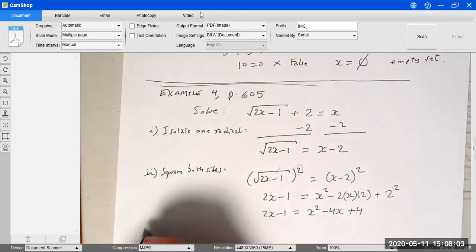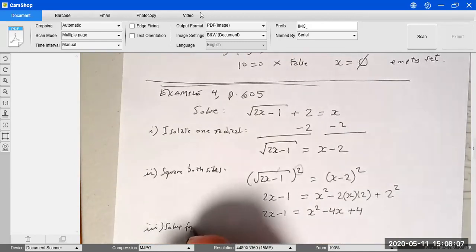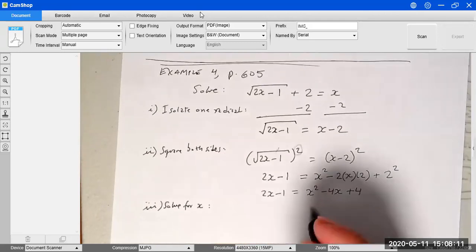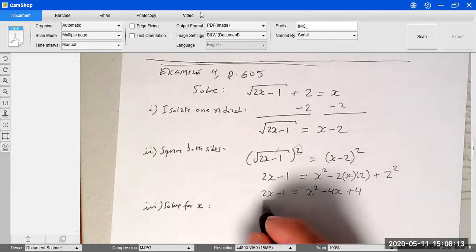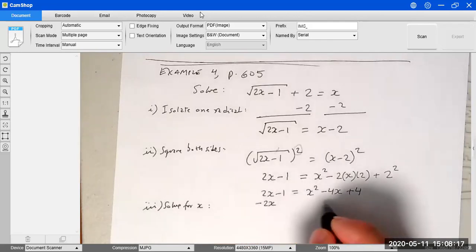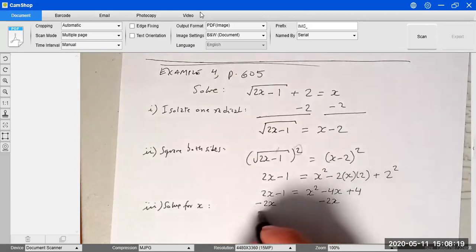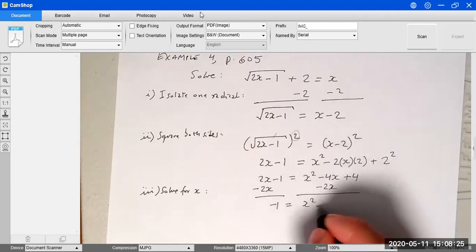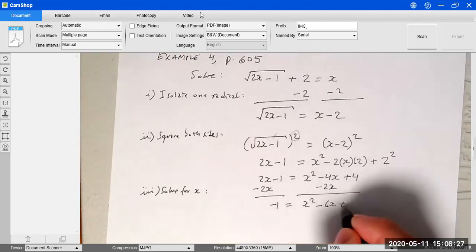So now the third step, we're going to solve the resulting equation for x. So we're going to move everything to the right hand side to get the quadratic equation. So we're going to subtract 2x first. So we get negative 1 equals x squared minus 6x plus 4.